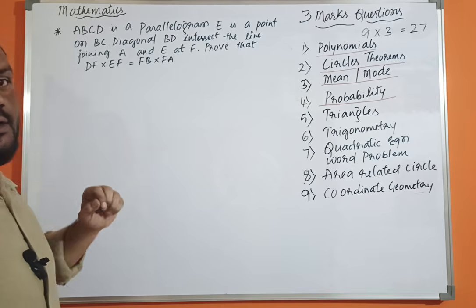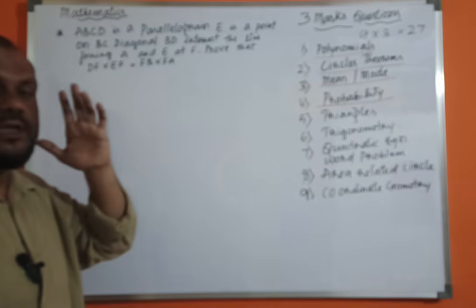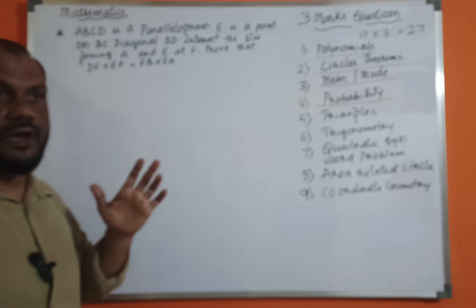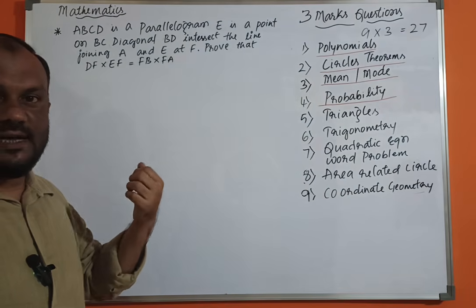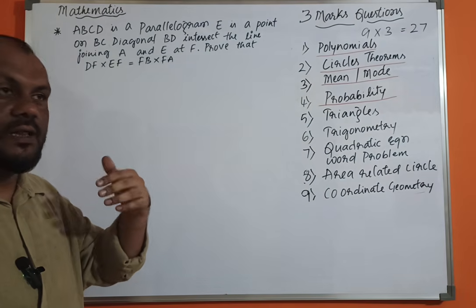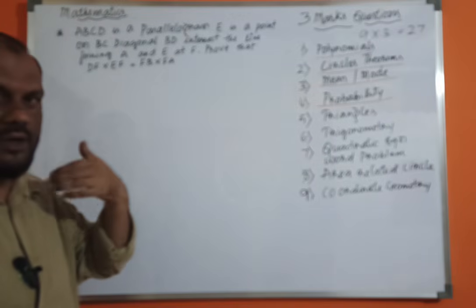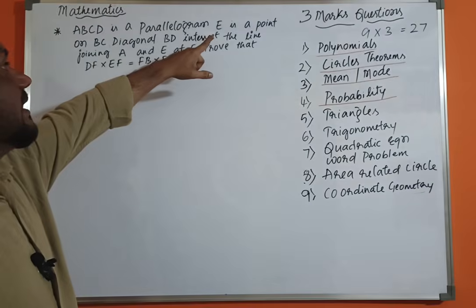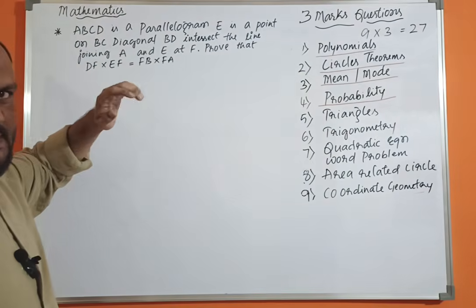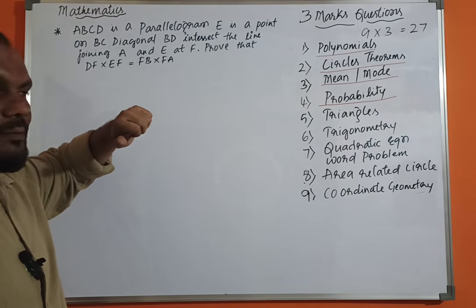See, ABCD is a parallelogram. Whenever the word parallelogram comes, you have to recall the properties of parallelogram. What are they? Opposite sides are equal, opposite angles are equal, and diagonals bisect each other. Then E is a point on BC, which is a side of parallelogram ABCD.